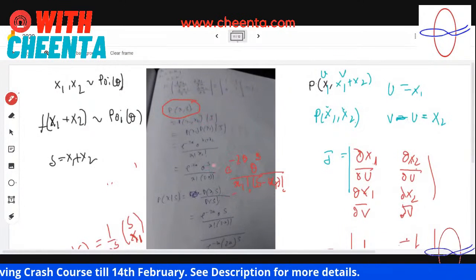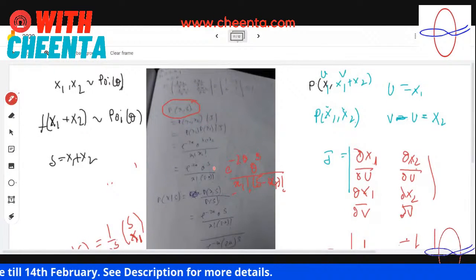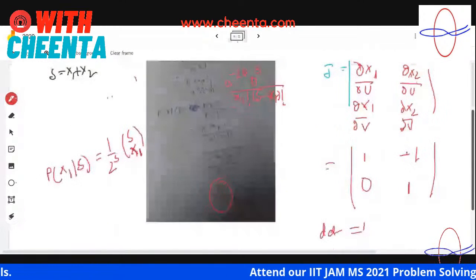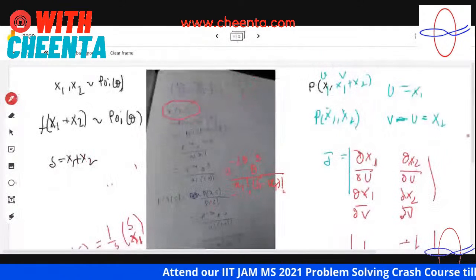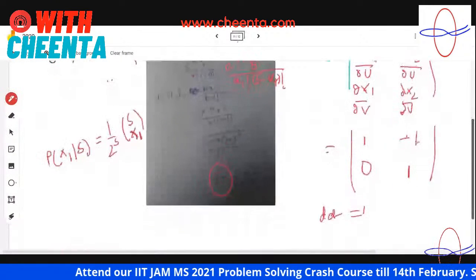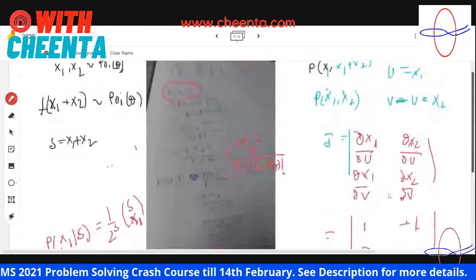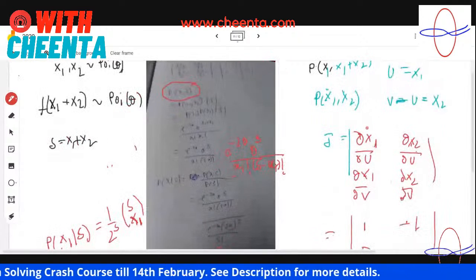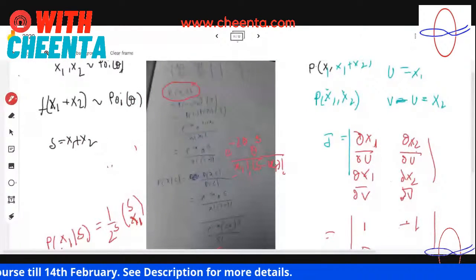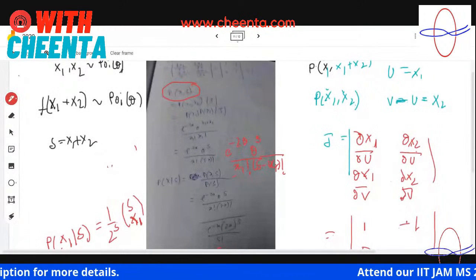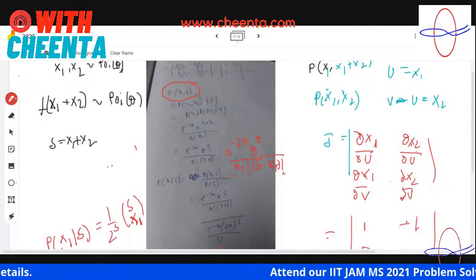What is the new random variable of Poisson? He is telling that this follows this, but how is the new random variable coming up? Tell me, how does it help?